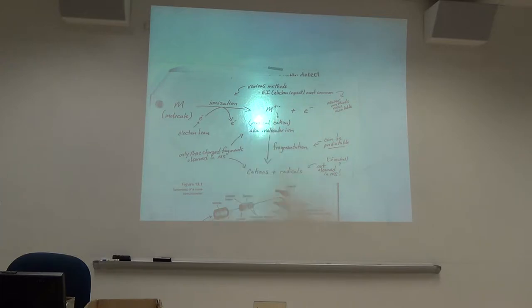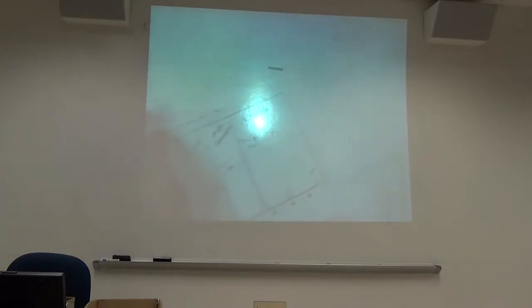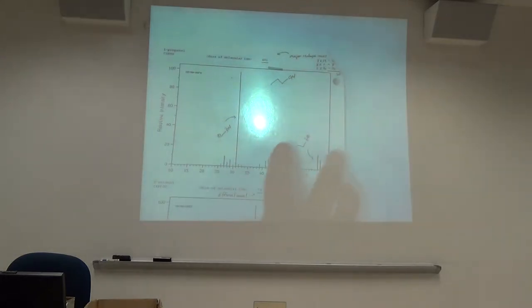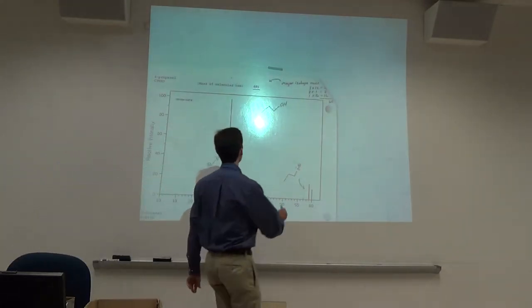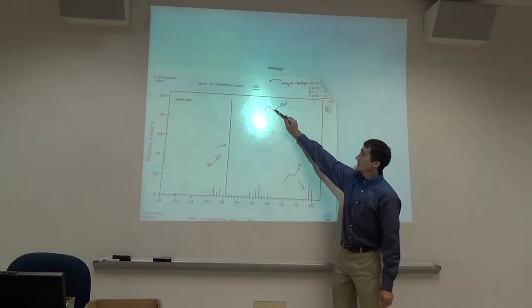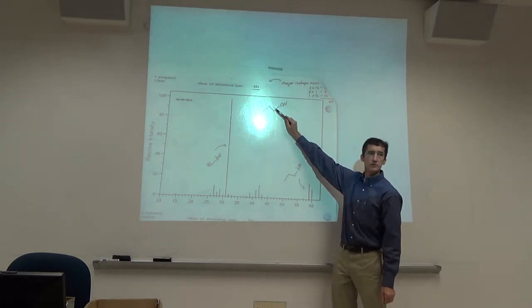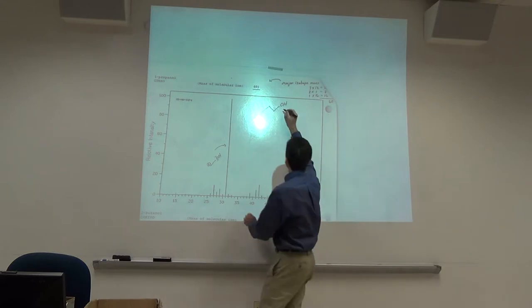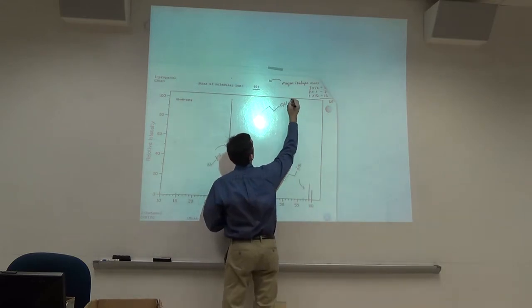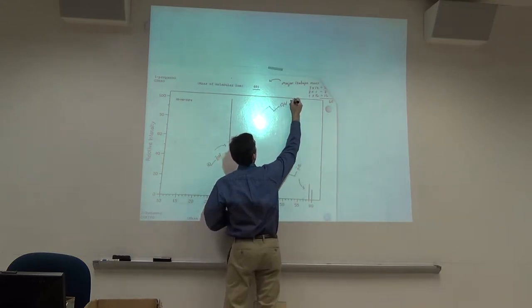So right there, we can go back and look at the previous page. And say, hey, let's put this molecule into the mass spectrum. Let's shoot it with an electron beam, electron impact. Let's get it to eject an electron. When it loses an electron, what does it become? A radical cation.